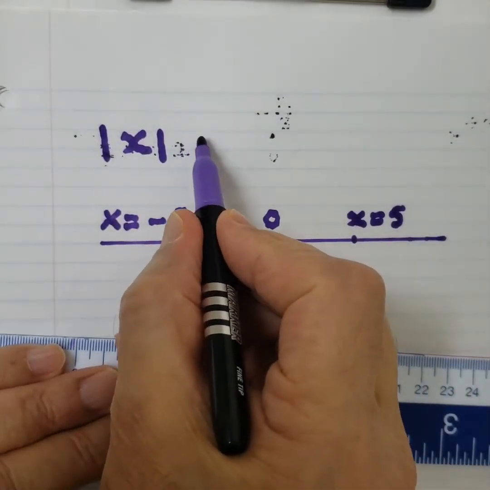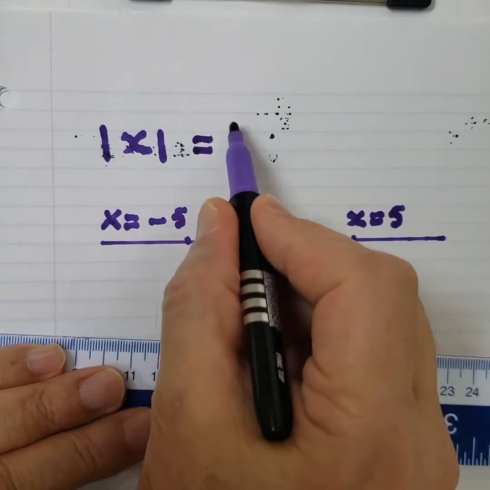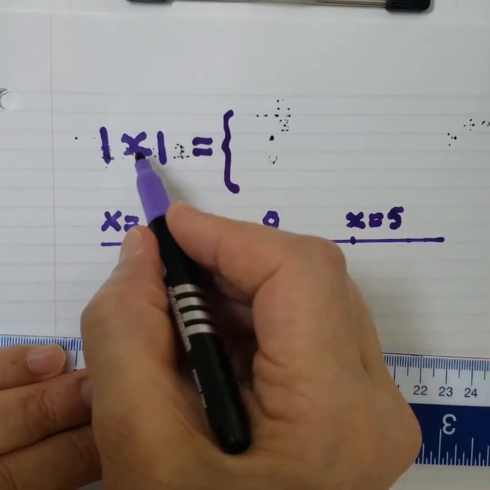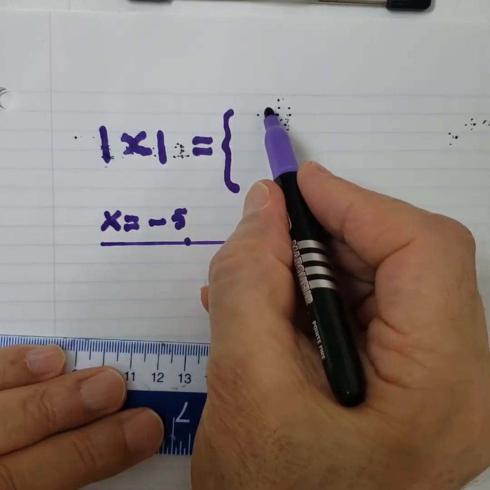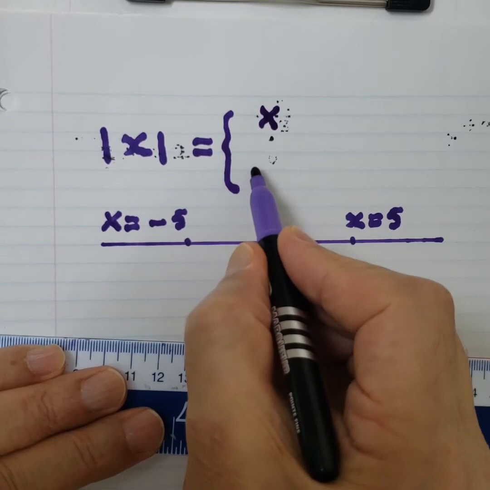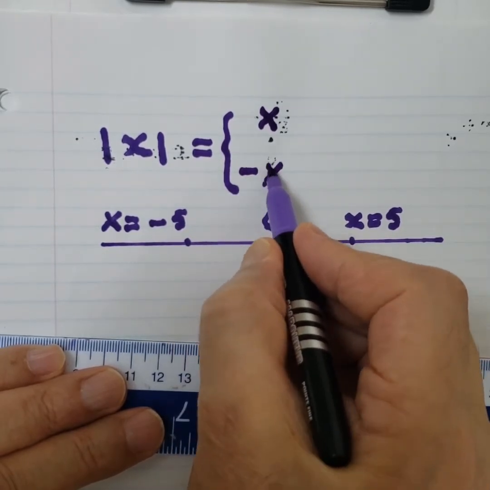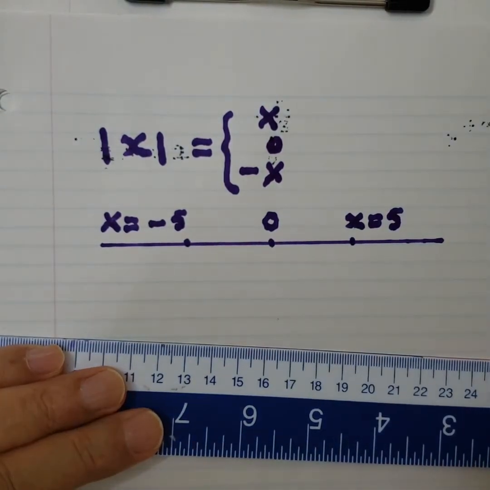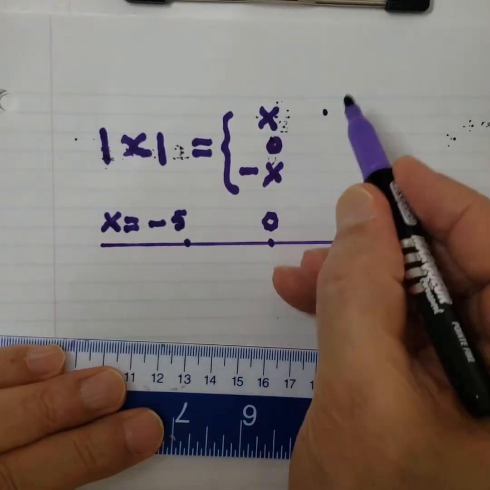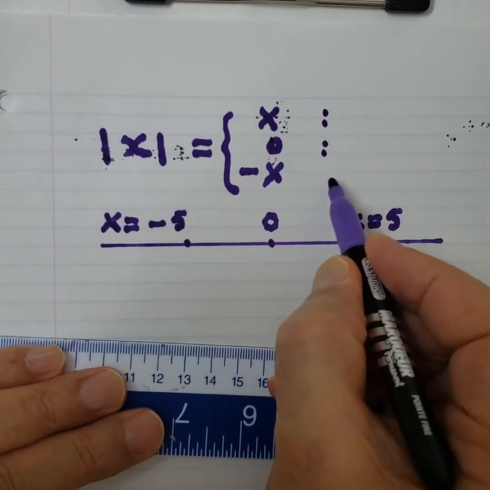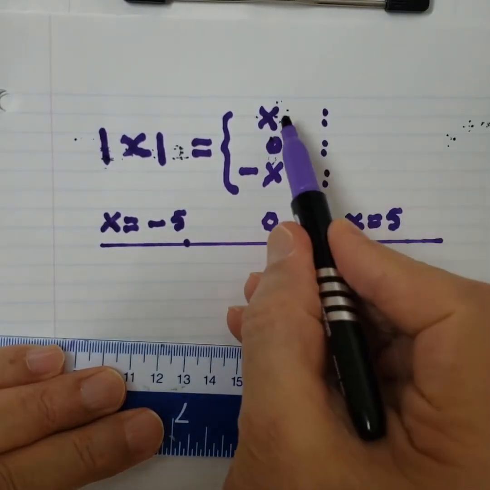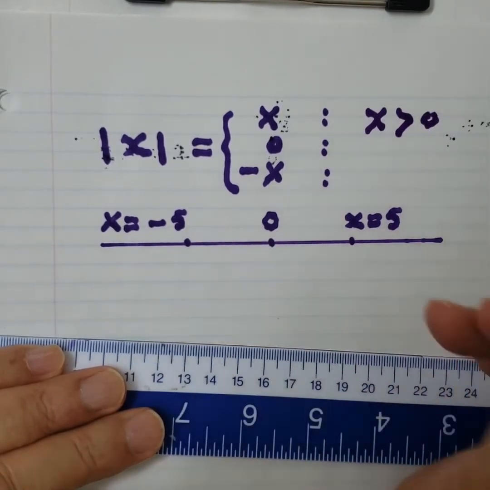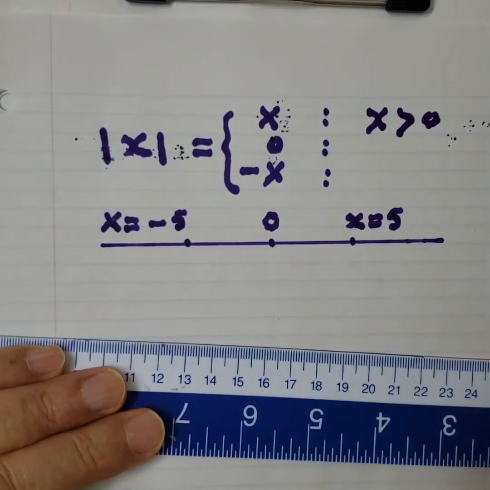This we can write in this shape. We say absolute value of x is equal to x, or equal to negative x, or equal to 0. These are the shapes we use to express the value of the absolute value. This one when x is positive, I mean when it is greater than 0.